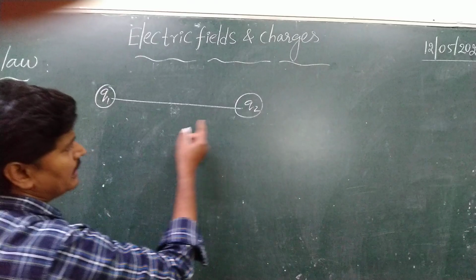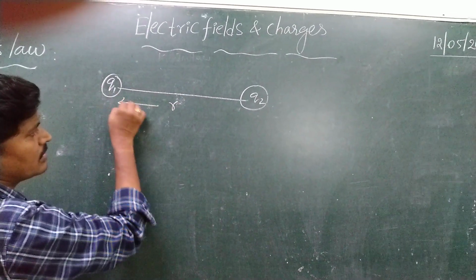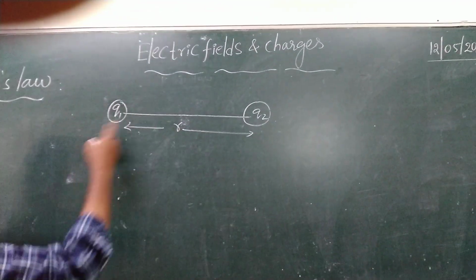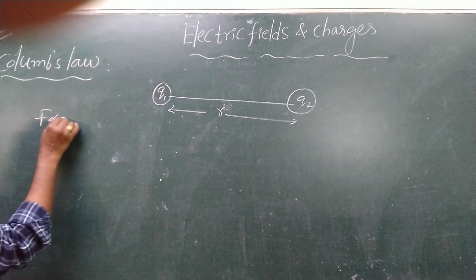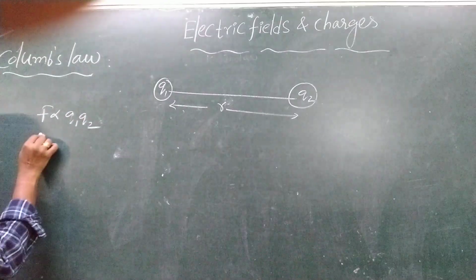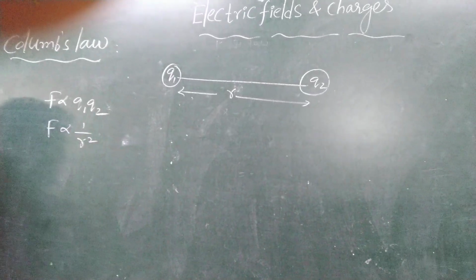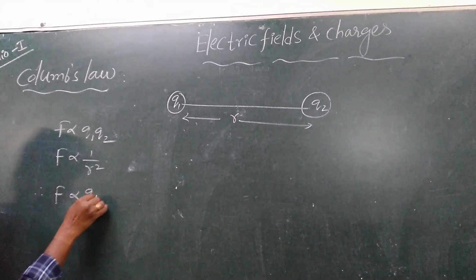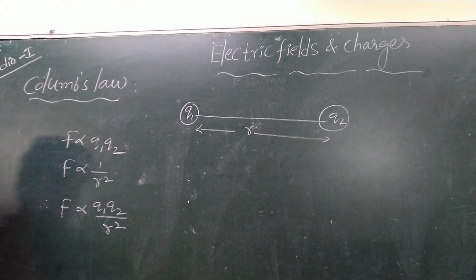The electrostatic attraction or repulsion between two charges separated by a certain distance in space is directly proportional to the product of the magnitudes of the two charges and inversely proportional to the square of the distance between them. Therefore, F is directly proportional to Q1 Q2 divided by R square.